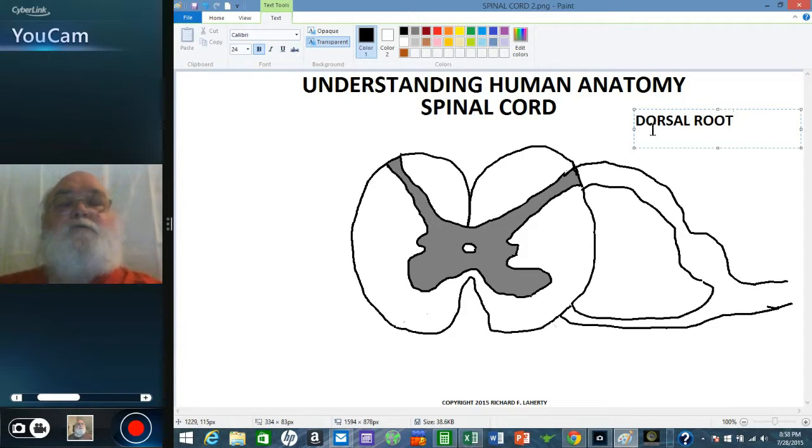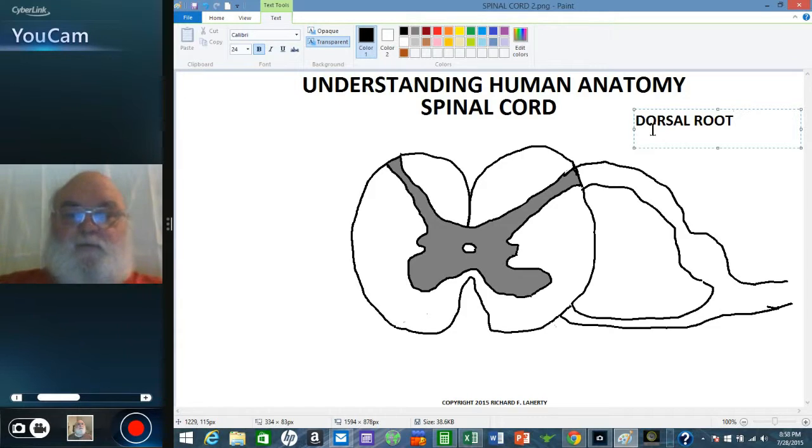And in diagrams we draw it like this. In reality, each spinal nerve is composed of several dorsal rootlets and several ventral rootlets. But let's keep it simple with just a single root for each nerve.